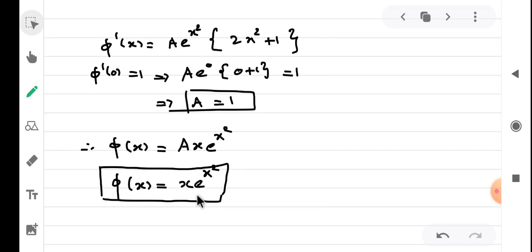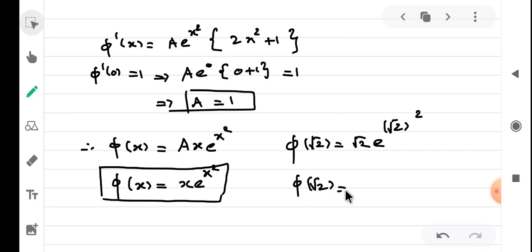Phi of x is equal to x into e power x square, but we need to calculate phi of root 2. So phi of root 2 is equals to root 2 into e power root 2 whole square. So phi of root 2 is equal to root 2 into e square.